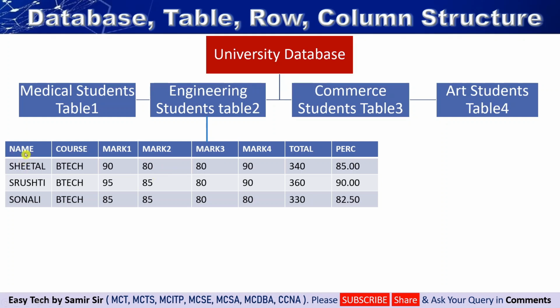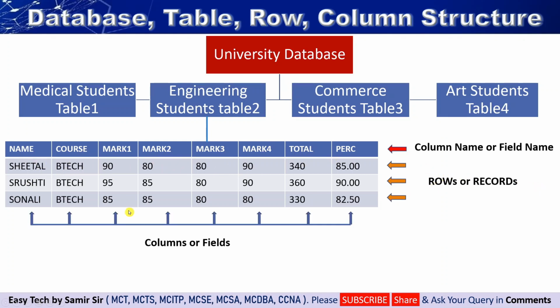Now, this vertical information is called a column name or field name. So name is one column or one field. Course is another column. Marks 1 is another column. Marks 2 is another column. Marks 3 is another column. When all these columns are combined together, they make one row, or in other words, a record.